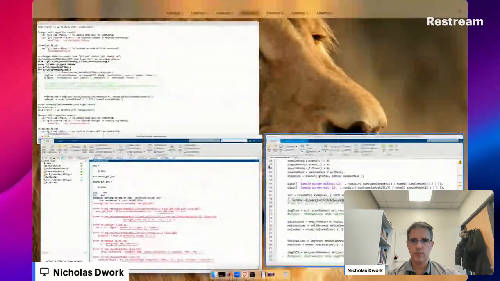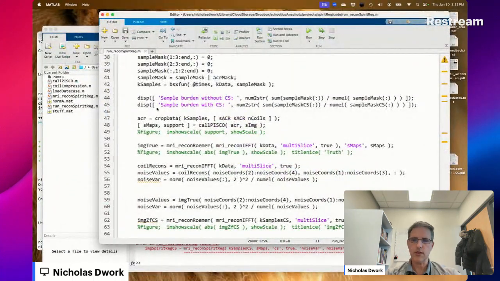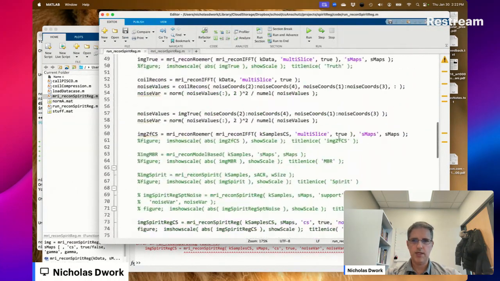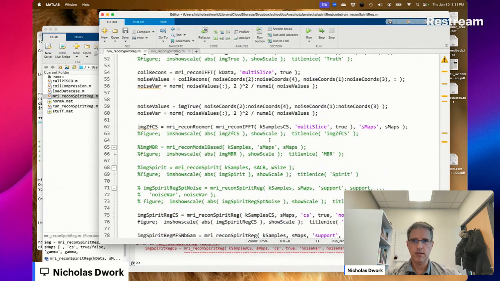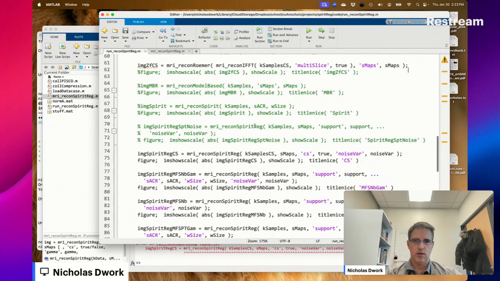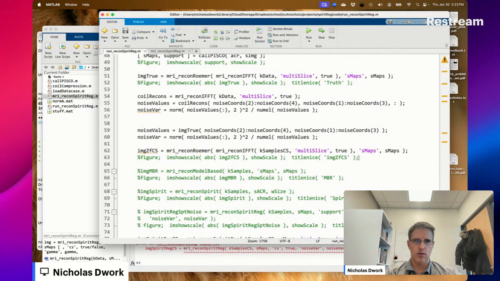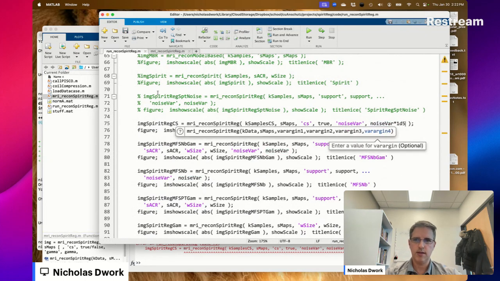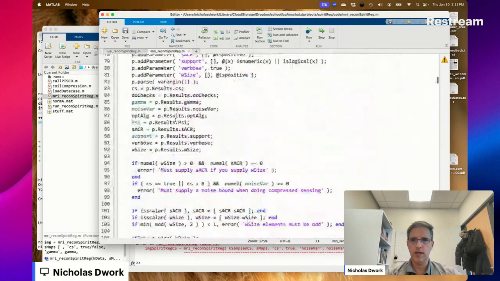Okay. Now, if I do compressed sensing reconstruction with noise, so noise var times 1d5, right?